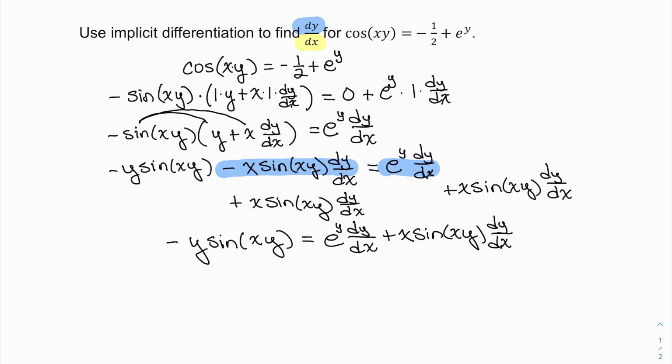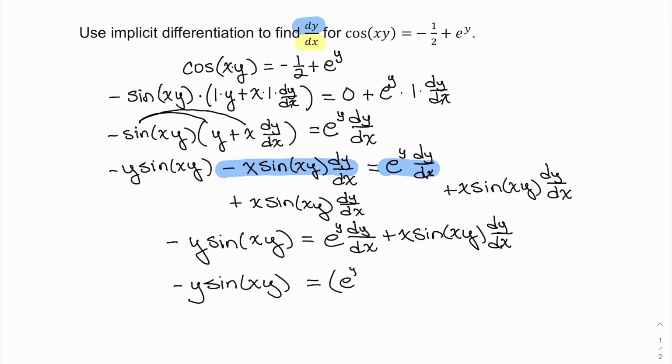And had there been any terms on the right that didn't have the dy/dx, I would have moved those over to the left. Now what we've done by this is we've forced a common factor of dy/dx in each of the terms on the right-hand side. So we are going to factor the dy/dx out of the terms on the right-hand side, factoring it out the back.